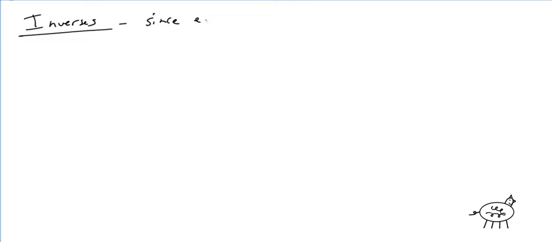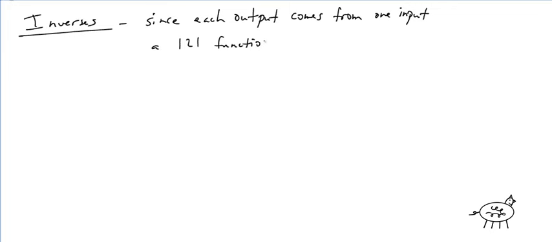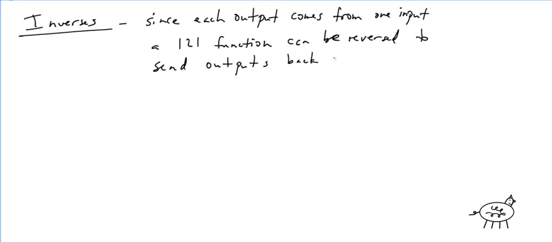Since each output comes from one input, a one-to-one function can be reversed to send outputs back to get the original inputs.